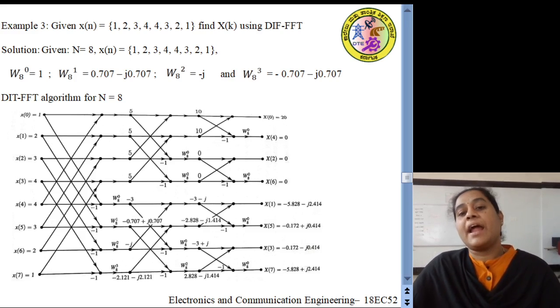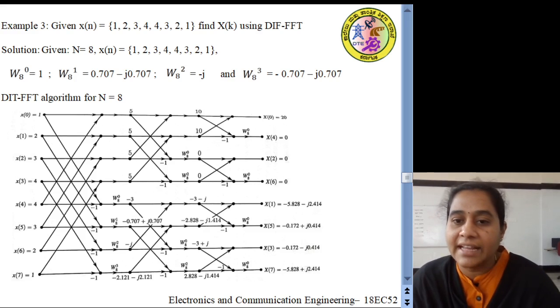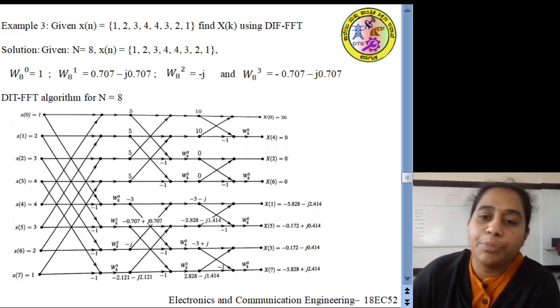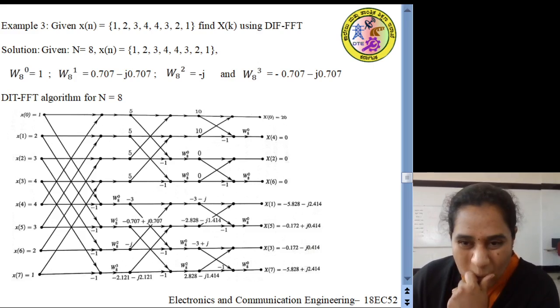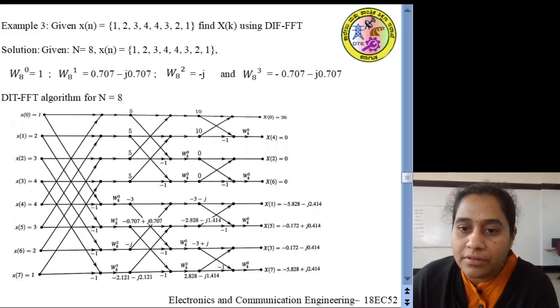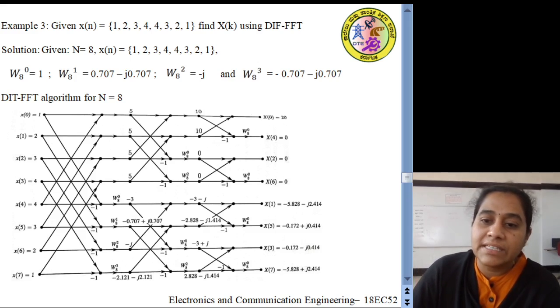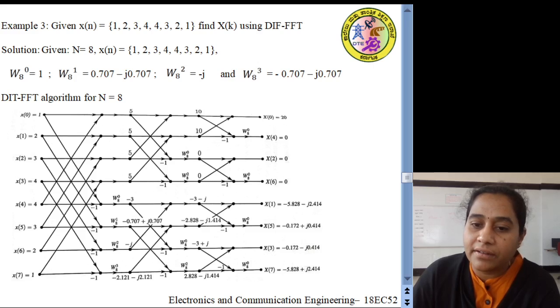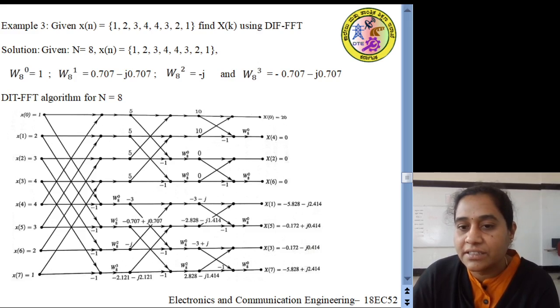After applying this input and after doing the first stage of calculation, we obtain the outputs as 5, 5, 5, 5, minus 3, minus 0.707 plus j 0.707, minus j, and minus 2.121 minus j 2.121. And now we are considering this output of first stage as input to the second stage.